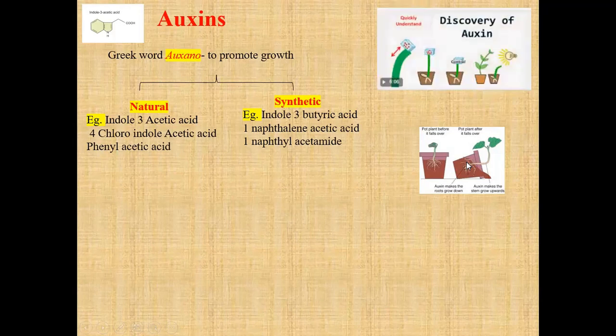In the second experiment, the auxins are present in the apical part of the plant. In this experiment, they placed a small pot in sunlight. There is a bending of the plant, the apical part, toward the light. In the second last diagram, the movement toward the sunlight is observed.